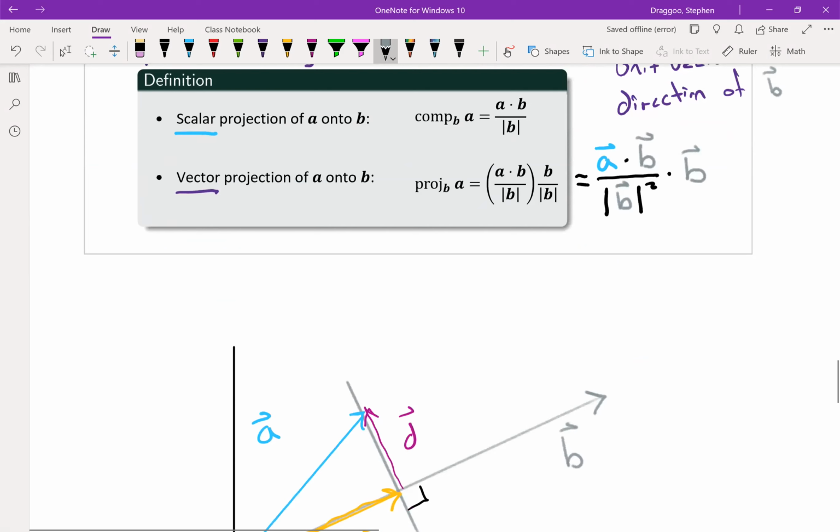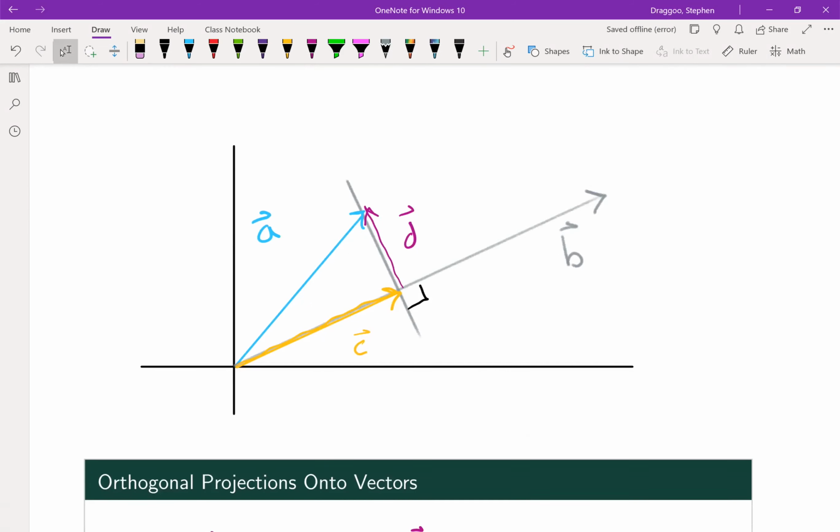But if we come back to that same diagram, but this time look at one more vector, which is now the vector D. If I connect the tips of vectors C and A together, that's going to be a component of A that is orthogonal to B, since I've drawn it along that orthogonal line that I constructed for myself.